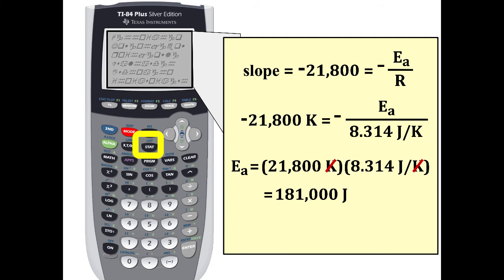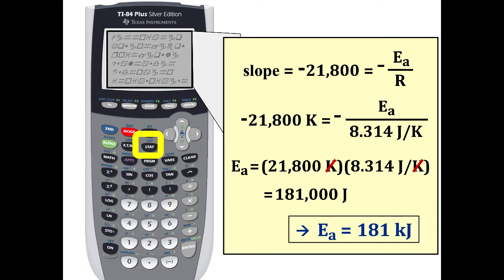And this is pretty typical. Typically, activation energies are tens to hundreds of thousands of joules. And since they're big enough in joules, it's pretty conventional to convert them to kilojoules. So this would be reported as activation energy of 181 kilojoules.